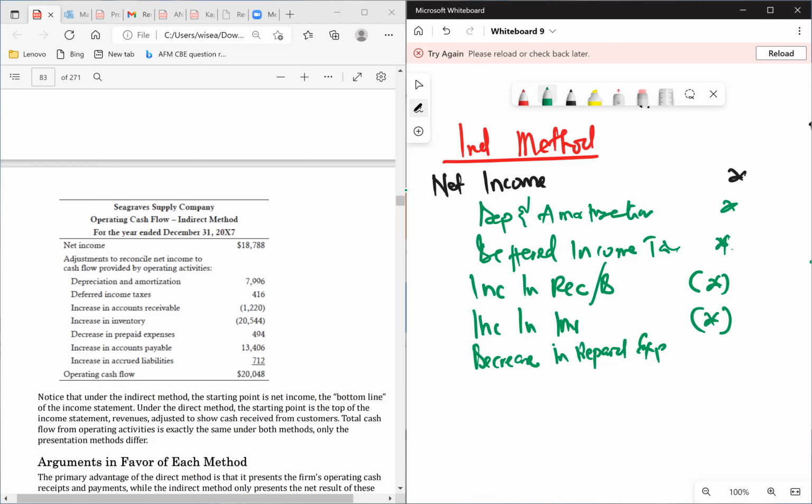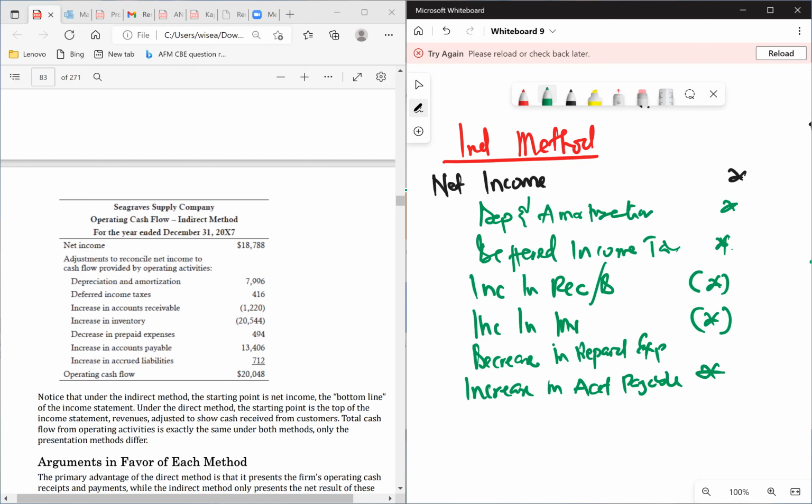Increase in accounts payable. Accounts payable denotes how much you are owing people. So if you increase what you are owing people, it means you are keeping more cash. So increase in accounts payable should be an addition to the net income to determine the cash flow from operating activity.